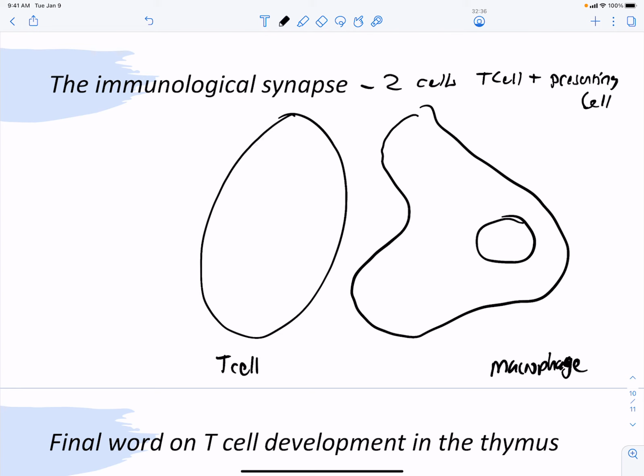Now we're going to say this is a CD4 T cell. And a CD4 T cell, of course, has CD4 on its surface. So here we'll have our T cell receptor. So here's our TCR. And associated with our TCR will be our CD4 molecule. On the opposite side, we have our MHC molecule.